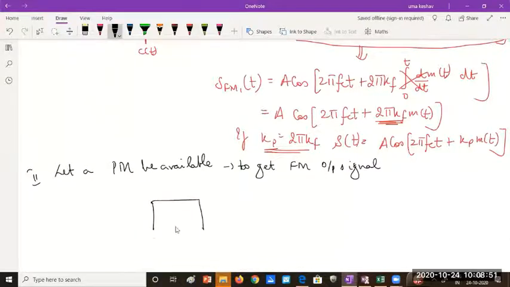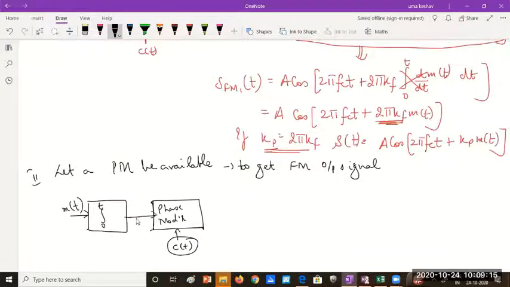So you have a phase modulator readily available with you. Integrate. Integrate what? m of t. Yes. You just have to integrate the message.